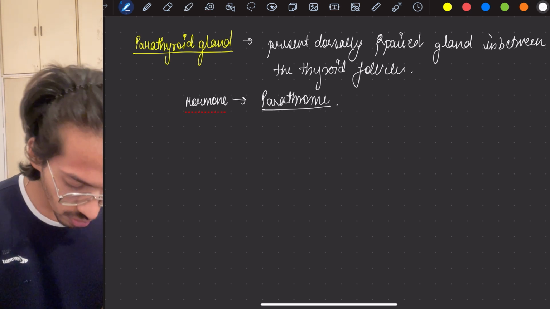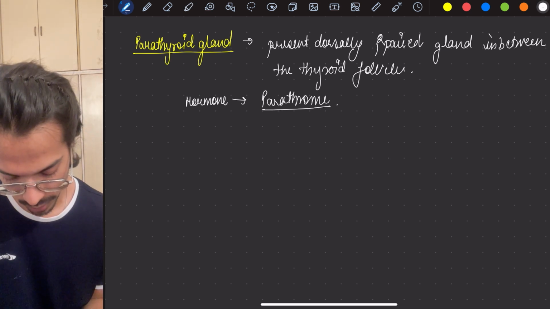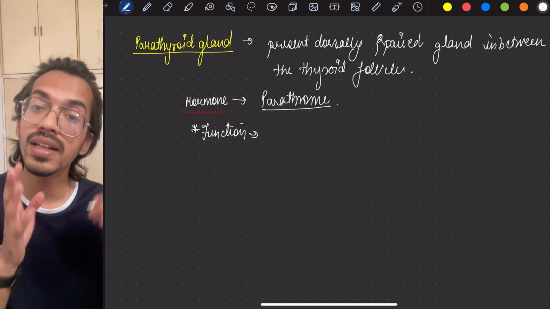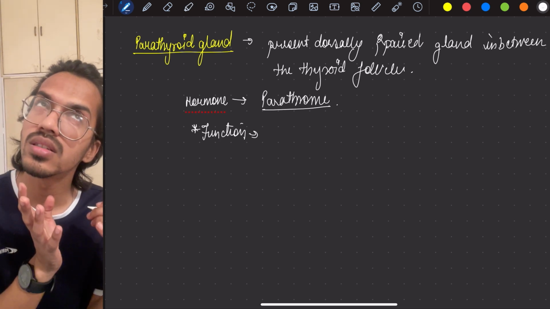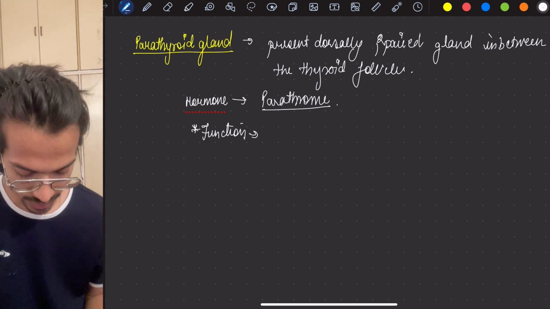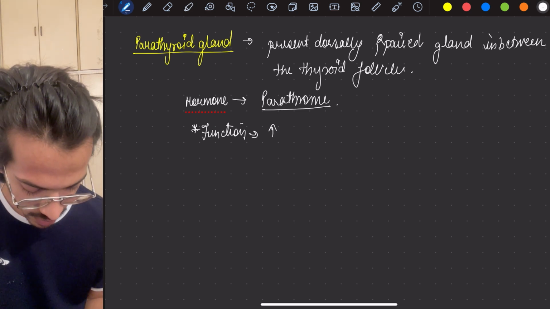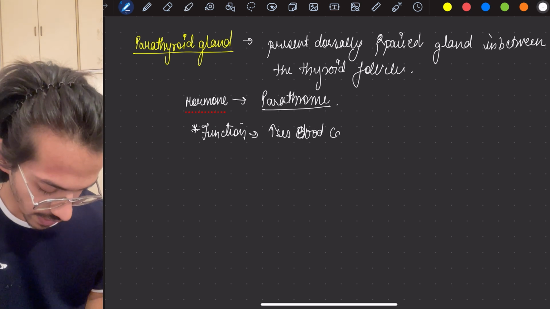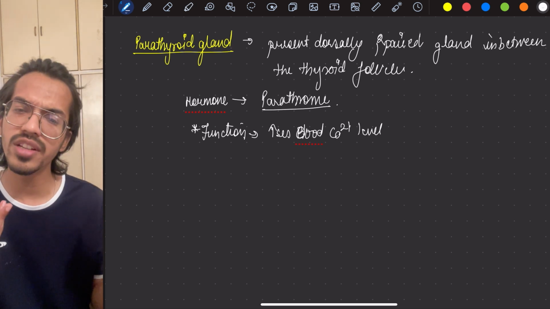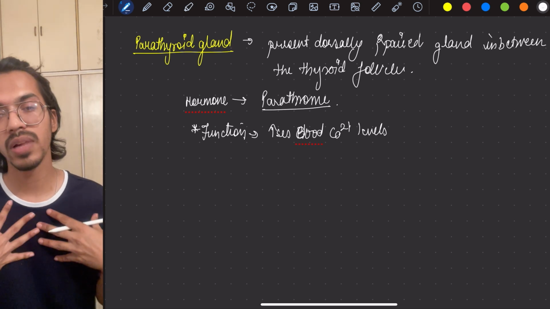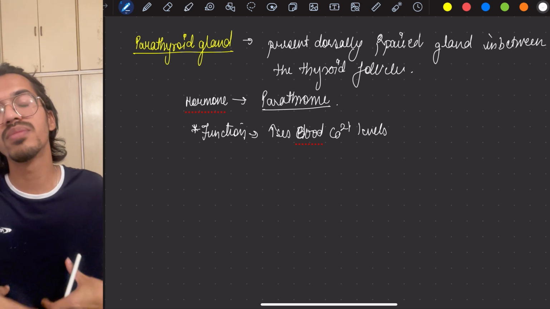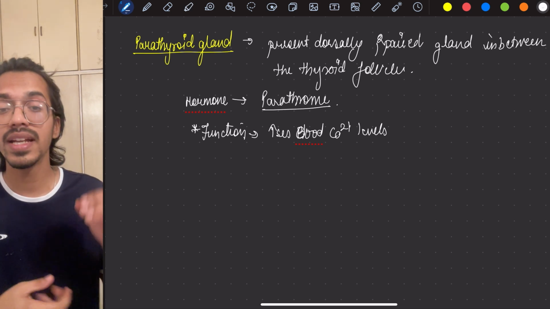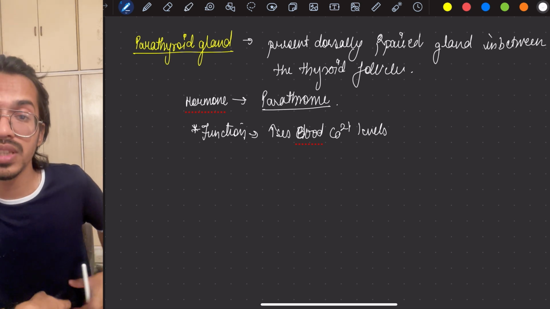Okay, the function of this hormone, which is the most important function: it increases the calcium level in the blood. How will it increase it? If you want calcium in your blood, first it will absorb more calcium from the food. Second, it will do reabsorption from the bones.